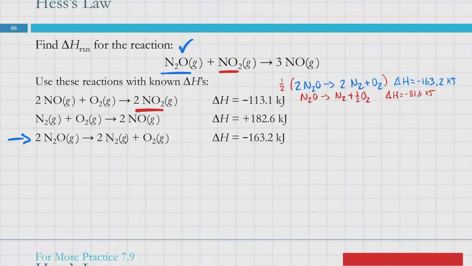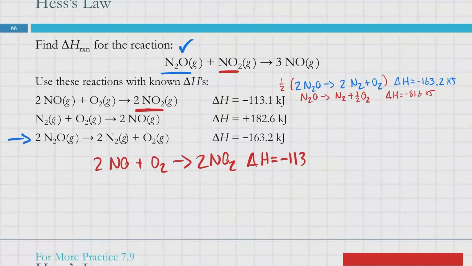It should be on the reactant side. It's currently on the product side, so we need to flip it. So 2NO plus O2 goes to 2NO2, just rewriting it out. Okay, so we need to flip it. So let's flip it.